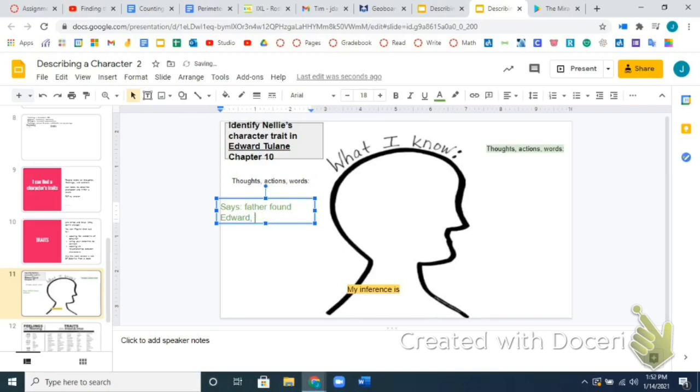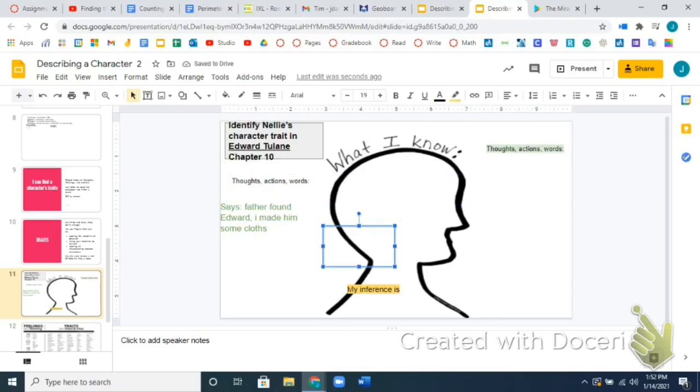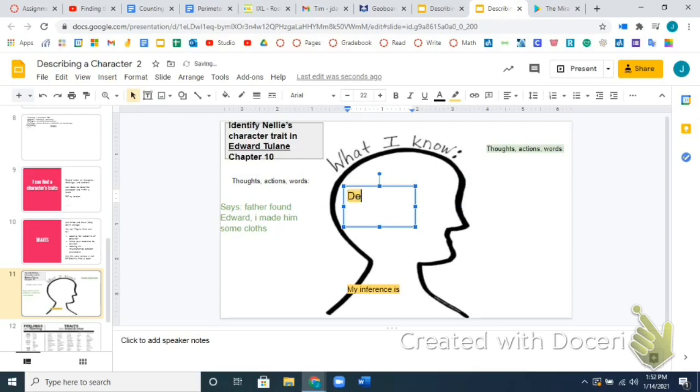I made him some clothes. Okay, what do I know? Well, she's acting a little bit, I don't know, like defensive. She's maybe being intimidated a little bit or scared. She doesn't seem like she's standing up for herself right now.